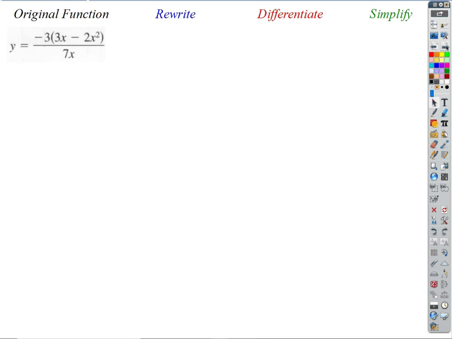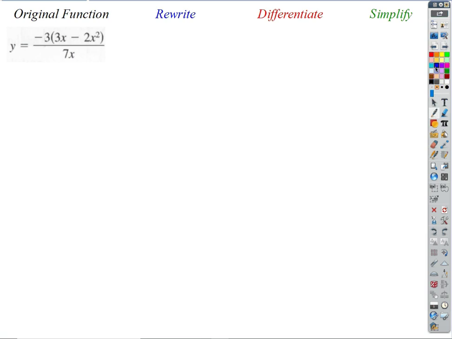So what about this one? Looks an awful lot like the quotient, doesn't it? Do I have to use the quotient rule here? I could factor out an x, but I don't need to. I can just split this up into two terms, right? Everybody see that? If I split this into two terms, let's see what happens.